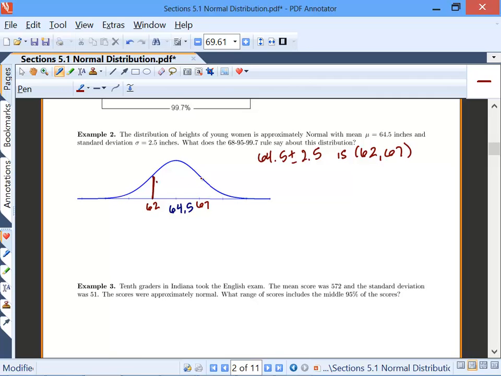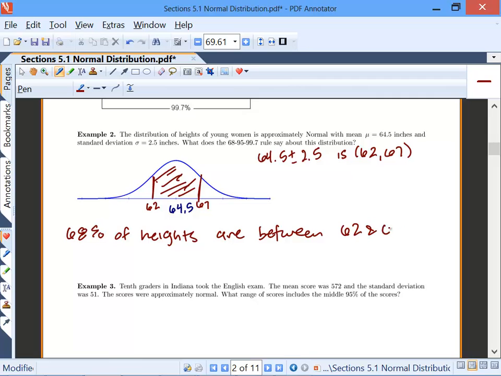So from here to here, how much of the observations should fall between those two bounds? Okay, so we have then 68% of heights are between 62 and 67 inches.